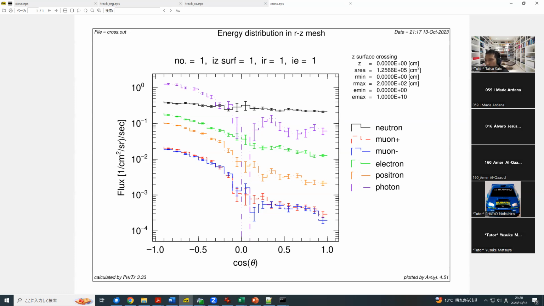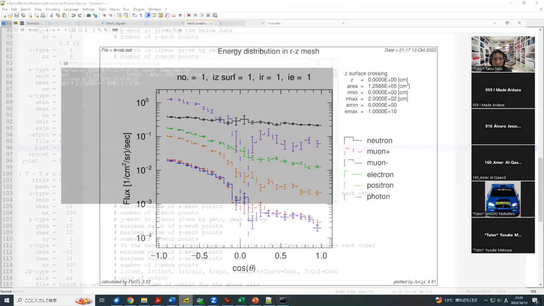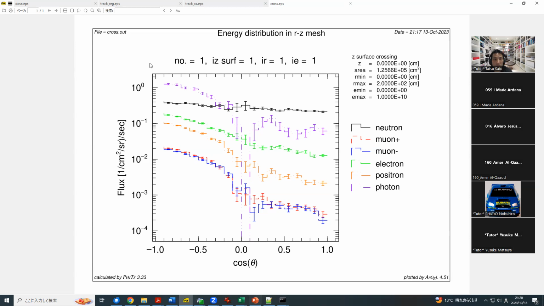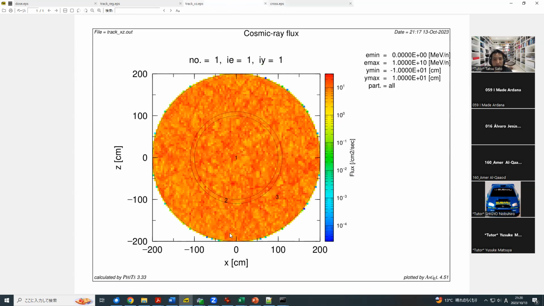So in this Fitts simulation, we did not perform the atmospheric transport simulation. We only simulate within this area. Before coming to this area, if you start from the top of the atmosphere, protons come and many secondary particles are generated.